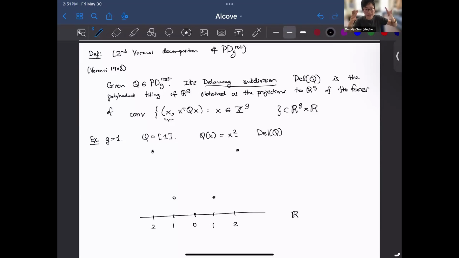If I lifted everything, I would just get a picture of a parabola. But now I have a sort of discretized parabola whose convex hull has faces which are visible from below, from height minus infinity, and projected give you, in this case, admittedly not so interesting, an infinite periodic tiling of R.